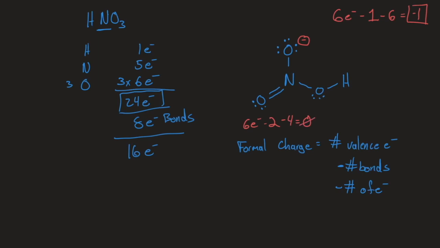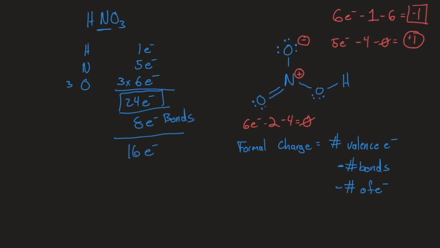And so that oxygen has a 0 formal charge, and we do not need to worry about writing in 0 formal charges. If we look at nitrogen, nitrogen has 5 valence electrons. It's got 1, 2, 3, 4 bonds around it and no lone pairs. So that gives me a formal charge of +1. So this nitrogen has a positive formal charge.